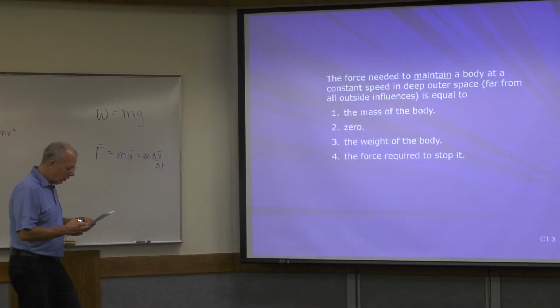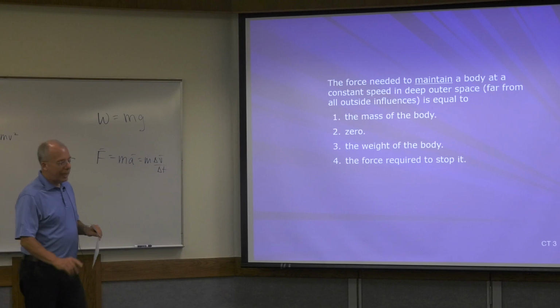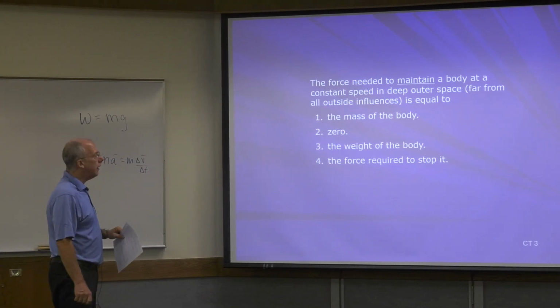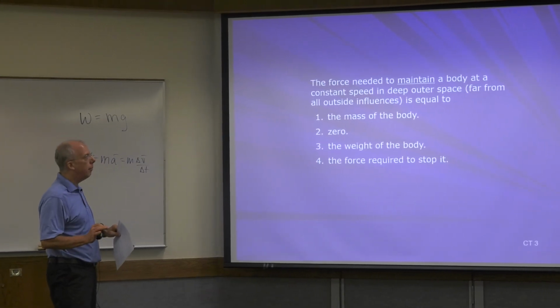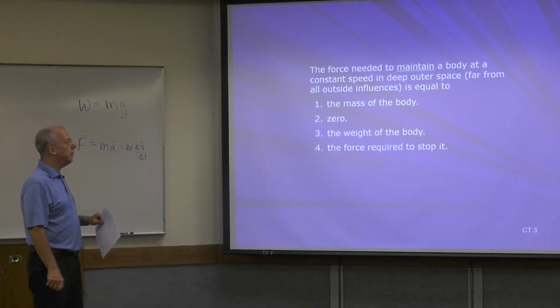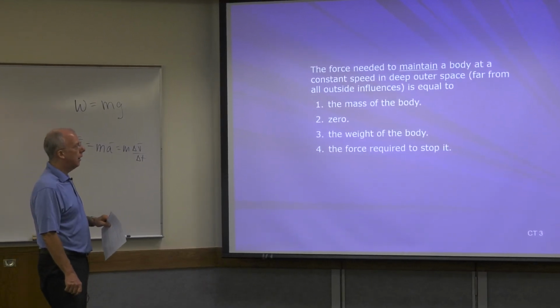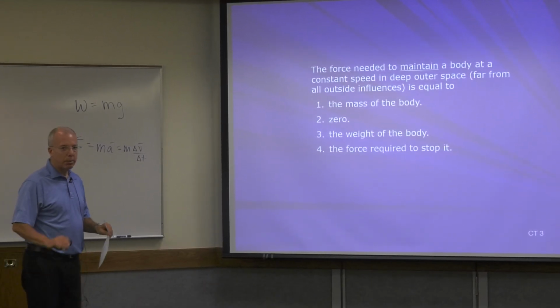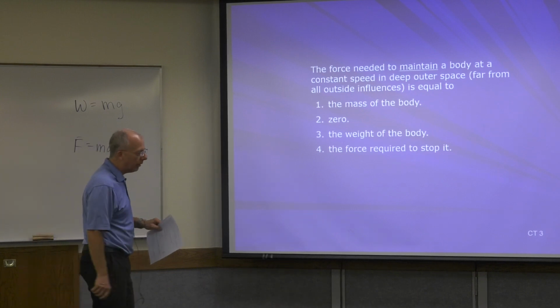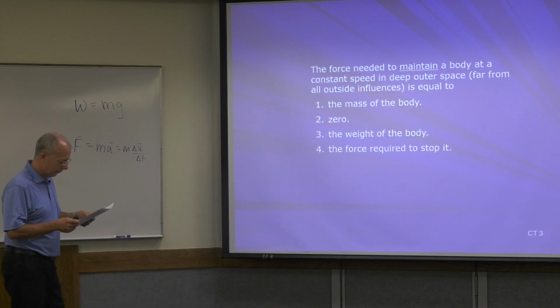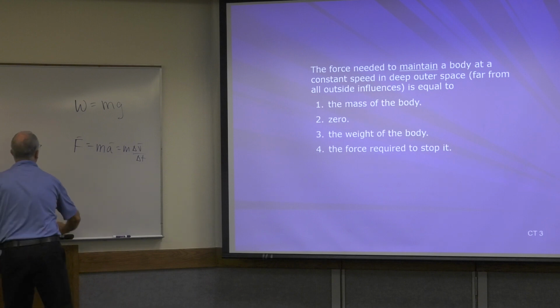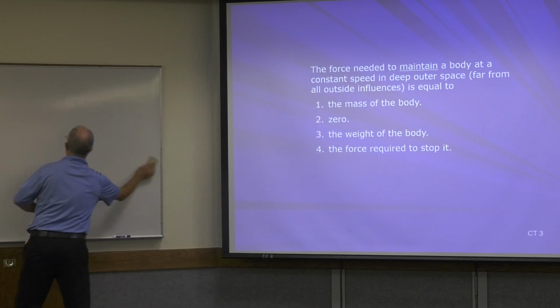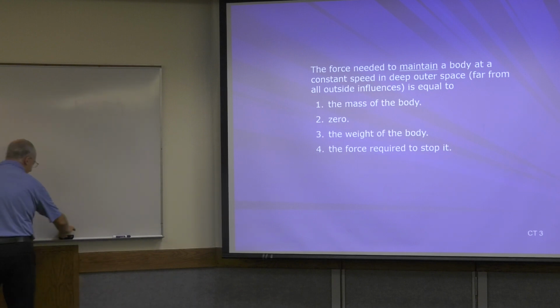All right, here's a good question, and I gave you a hint. The force needed to maintain a body at a constant speed in deep outer space is equal to what? So pause your video and think about this and then vote. Okay, we're back.